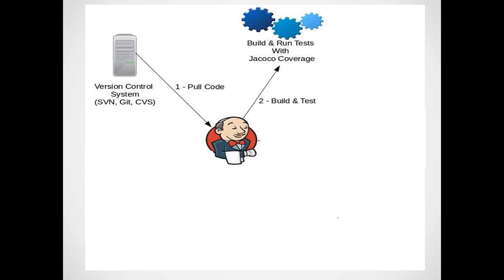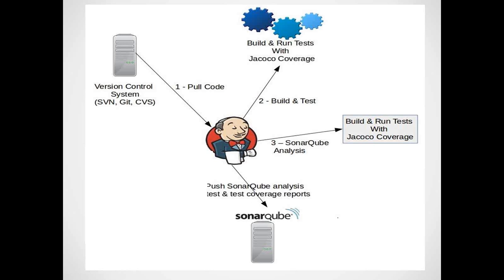Okay. And that is the second step of build and test. And once it is done, the next thing we are going to do is run the SonarQube scanner, and then it is going to generate the details and publish everything to SonarQube. Okay. So based on the coverage report as well as the static code analysis, it will put everything into SonarQube as the test results.